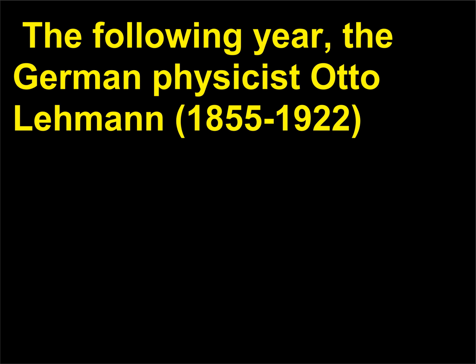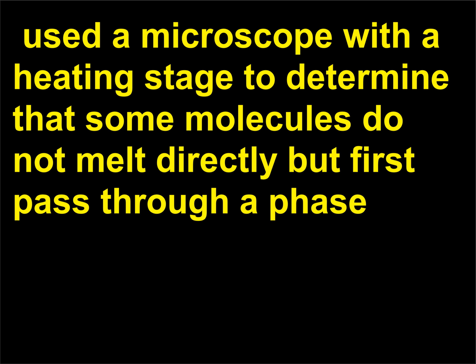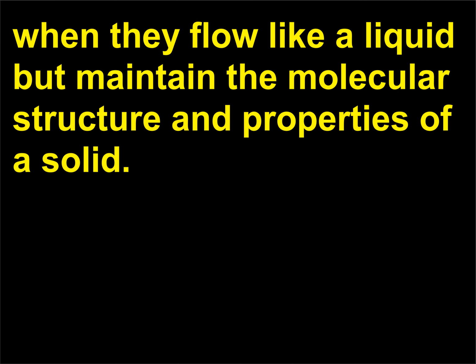The following year, the German physicist Otto Lehmann, 1855 to 1922, used a microscope with a heating stage to determine that some molecules do not melt directly but first pass through a phase when they flow like a liquid but maintain the molecular structure and properties of a solid.